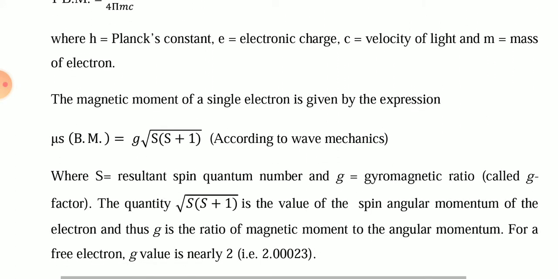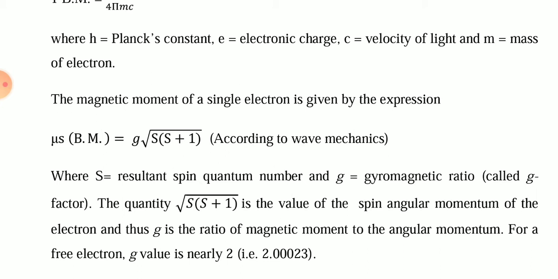And this is the magnetic moment calculator, where mu is in BM. The magnetic moment in Bohr magnetons is equal to g times the square root of s(s+1), where s is the resultant spin quantum number, g is a geometric ratio called the g factor, and the quantity root of s(s+1) is the value of the spin angular momentum of the electron.